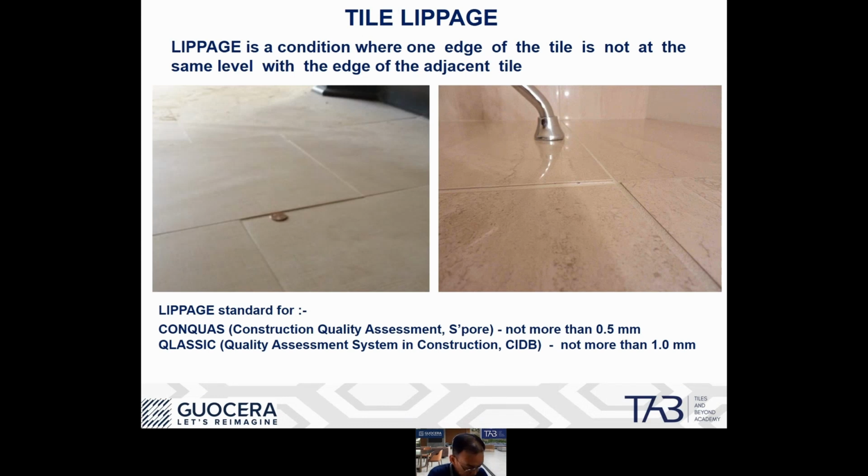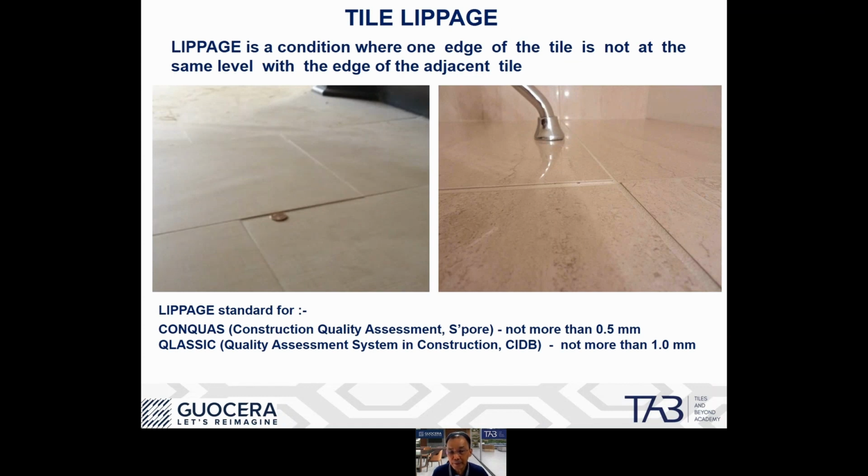Tile lippage. Tile lippage was not common when tiles were of 30 by 30 cm size. The small format tiles are not affected. But now we're getting more and more complaints on tile lippage.